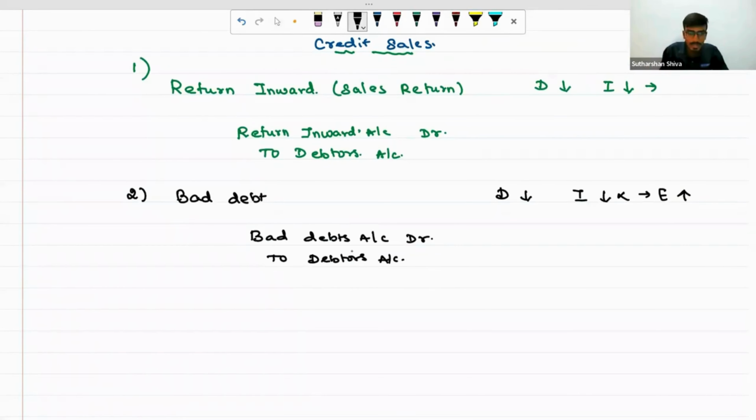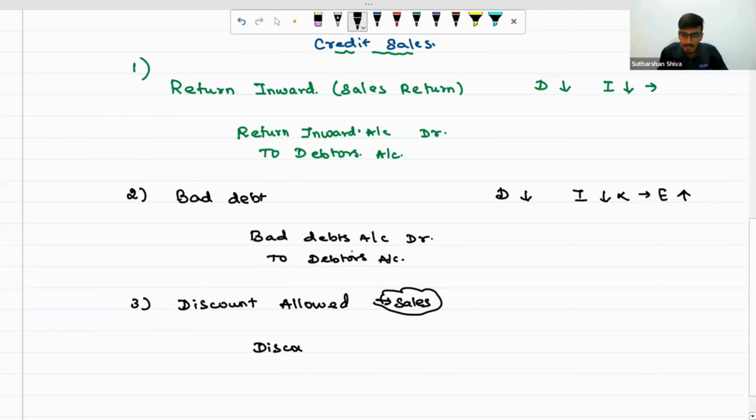Then the third one, there can also be a possibility that the discount can be allowed, because I am making a sale. Whenever sales come to the picture, it is nothing but discount allowed. This discount allowed is again an expense for the seller.